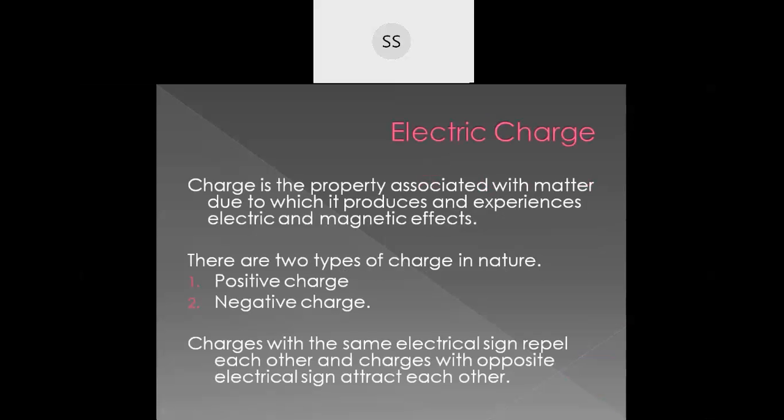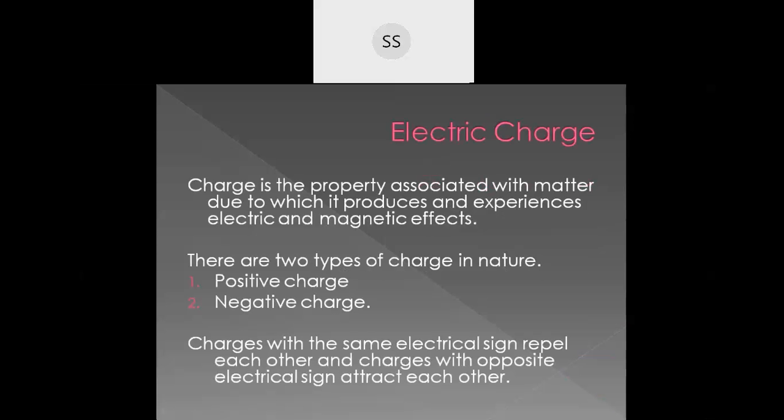Charge is the property associated with matter due to which it produces and experiences electric and magnetic effects. So, because of charge, the matter produces and experiences electric and magnetic effects.